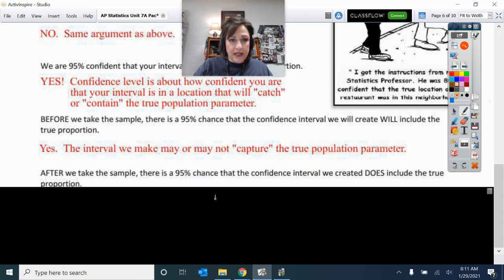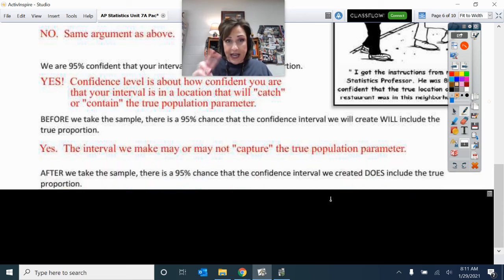But I think this one is a little on the flip side. After we take the sample, I wish I would have changed this around to say a 95% chance that the true proportion is in the confidence interval. That's what I was going for.